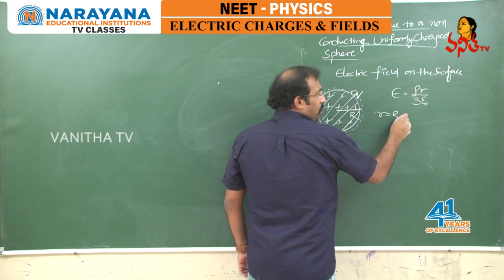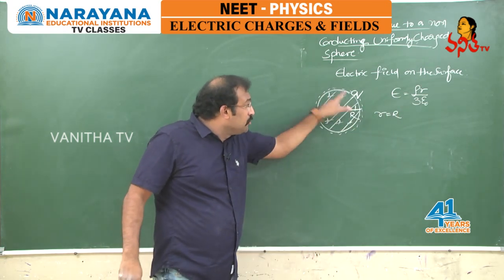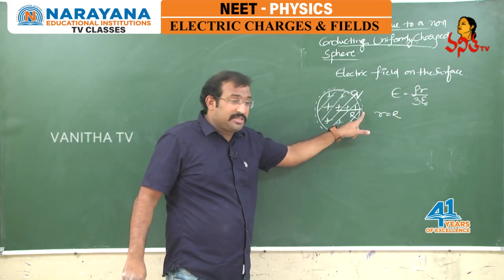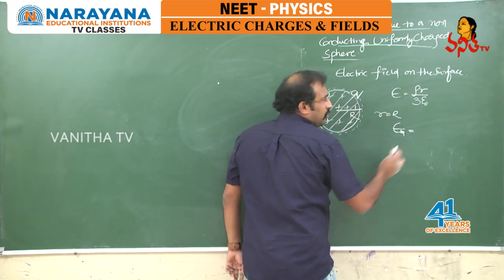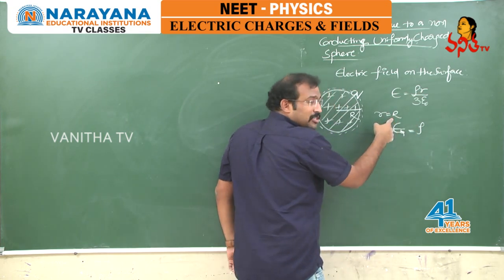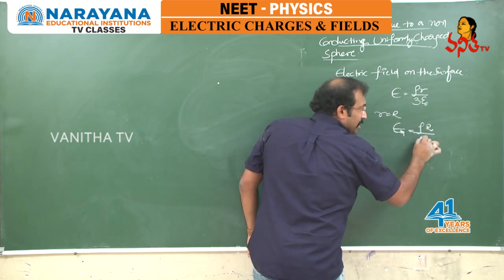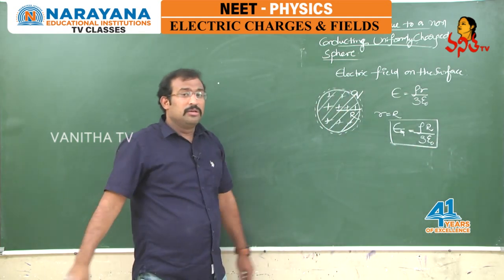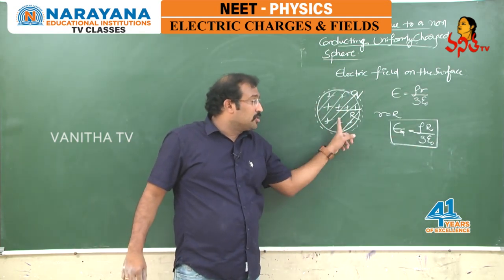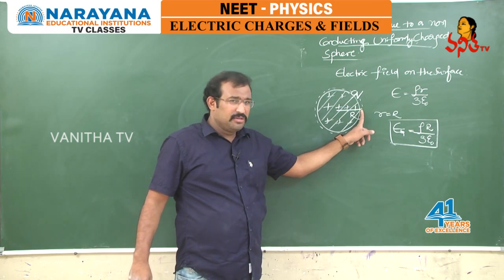Now r is equal to R, since we want the electric field due to this sphere upon the surface. The electric field on the surface is rho into R by 3 epsilon naught.